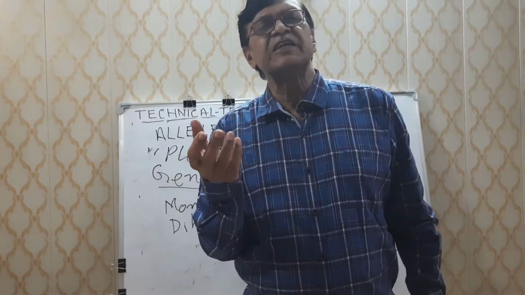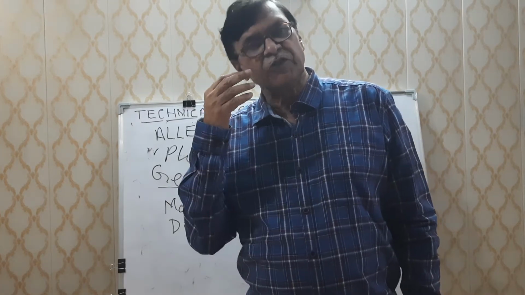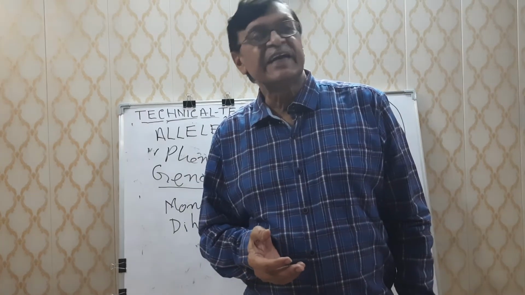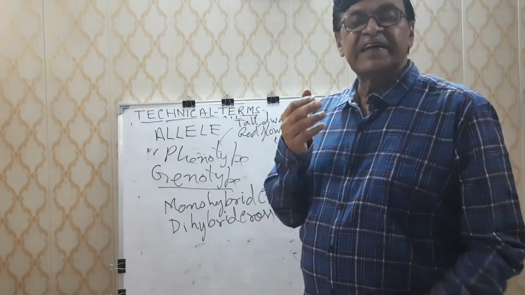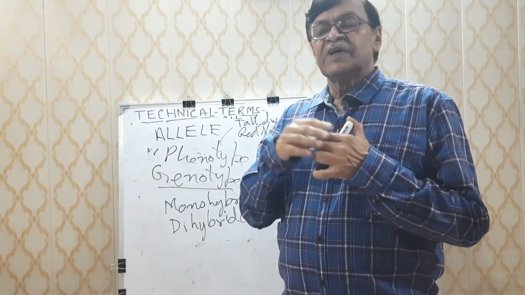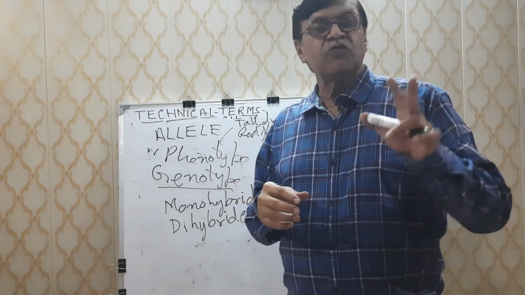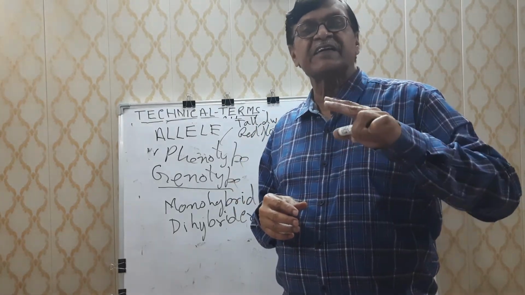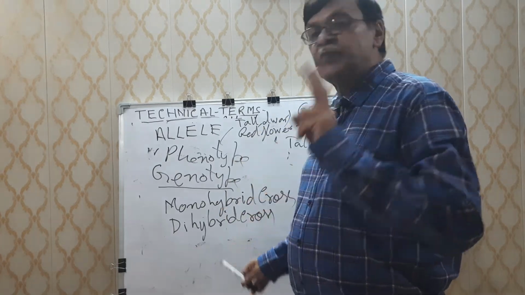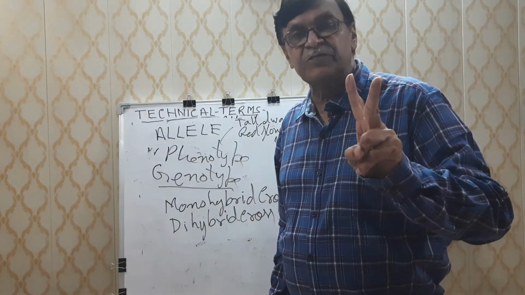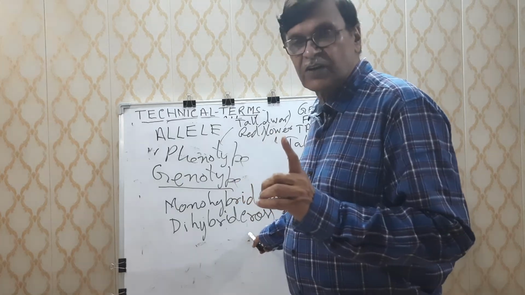When we consider the behavior of only one pair of characters in an experiment, it is called a monohybrid cross. When in an individual more than one pair of characters, two pairs or three pairs of characters, are considered, and when two pairs of characters are considered in an experiment, it is called a dihybrid cross.